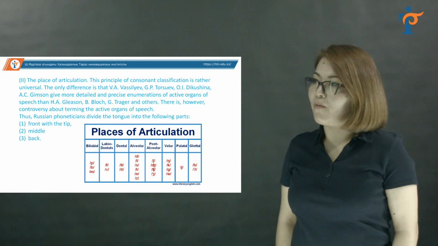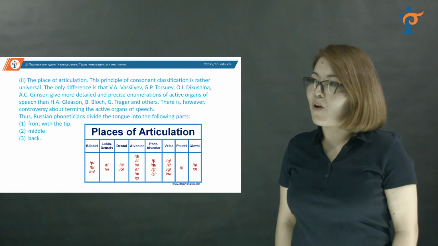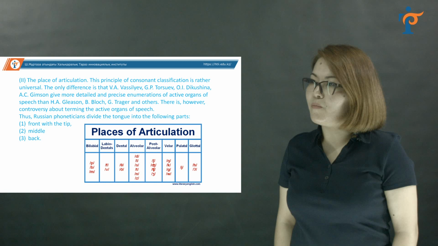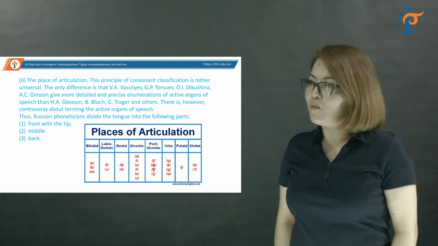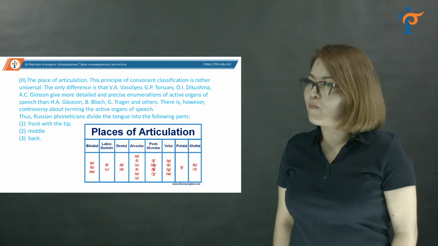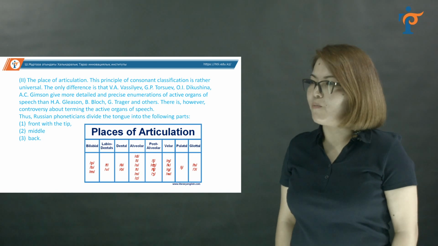The place of articulation. This principle of consonant classification is rather universal. The only difference is that Vasilyev, Torsuyev, Tikushina, Gimson give more detailed and precise enumerations of active organs of speech than Gleason, Bloch, Trager, and others. There is, however, controversy about terming the active organs of speech.